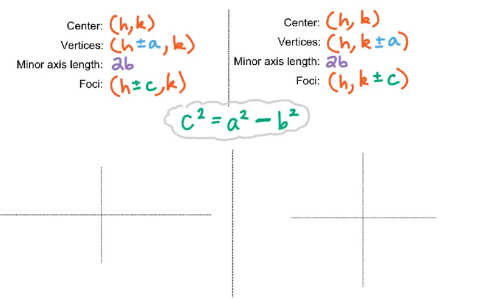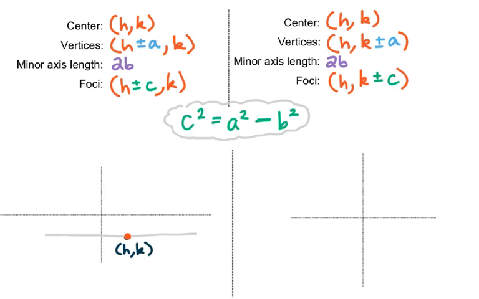So over here on the left side of the screen, I'm going to plot my center at some ordered pair away from the origin, (h, k). Now keep in mind, this represents an ellipse with a horizontal major axis. So (h, k) is right here in the center.